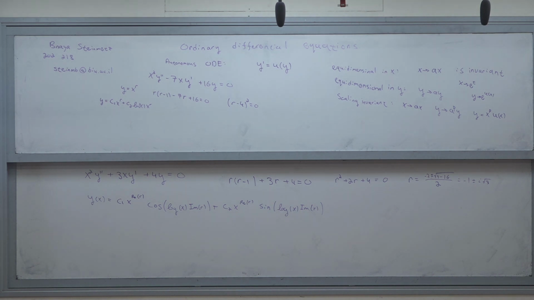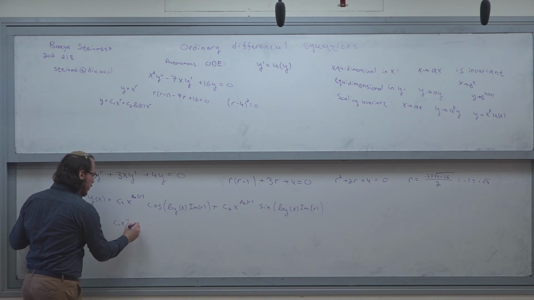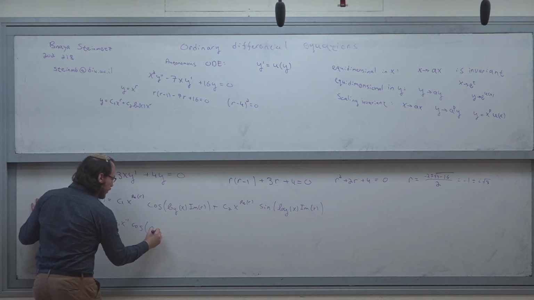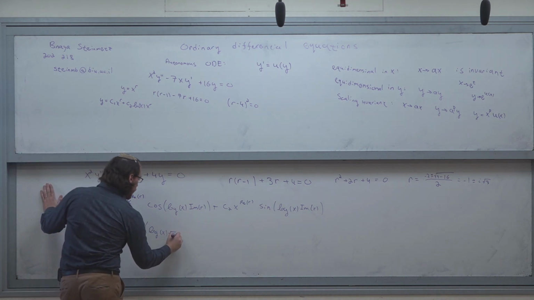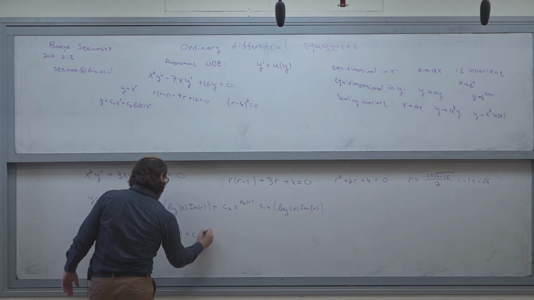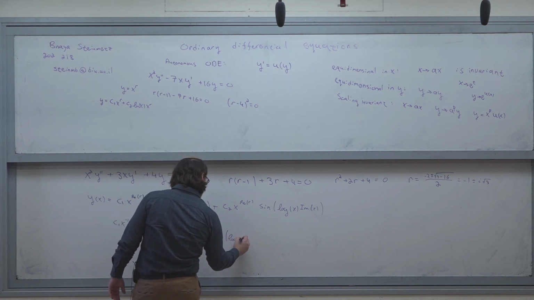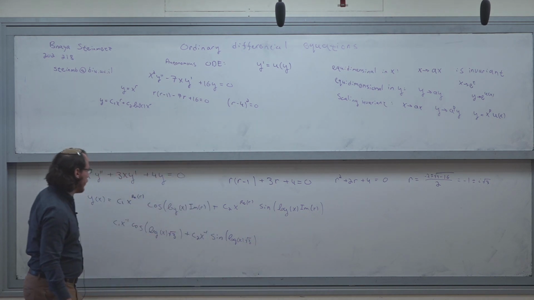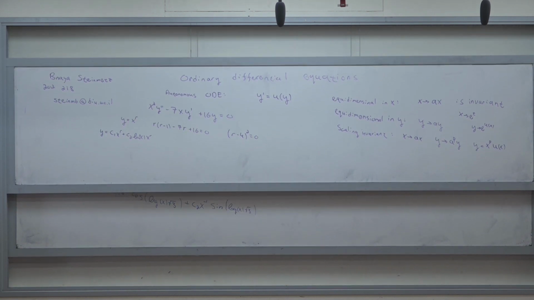So in our case, it would be C1 x^-1, and then we add something like this. Okay. Questions?